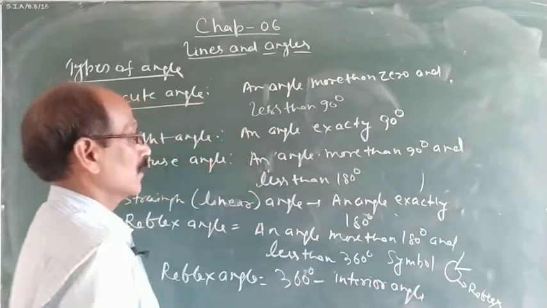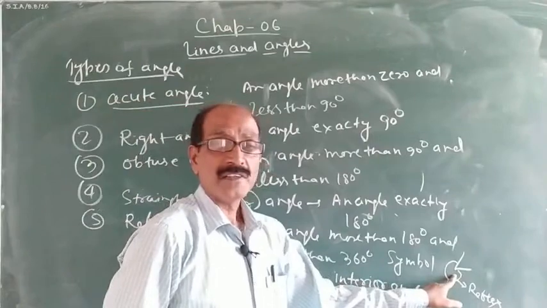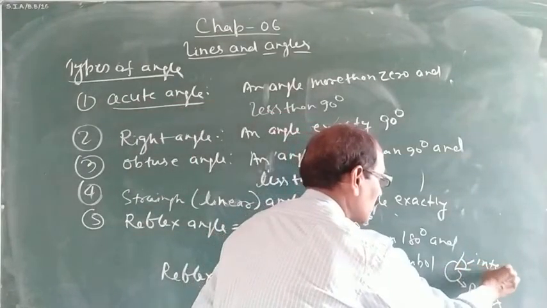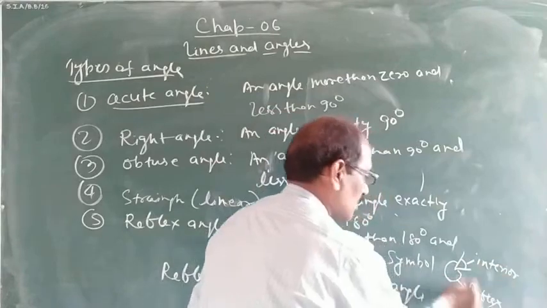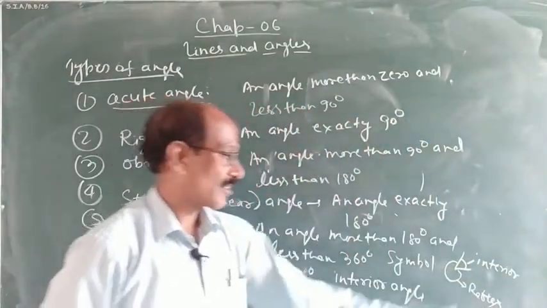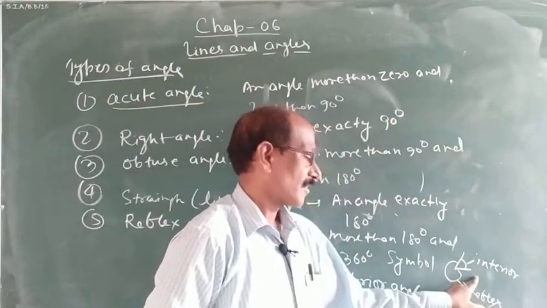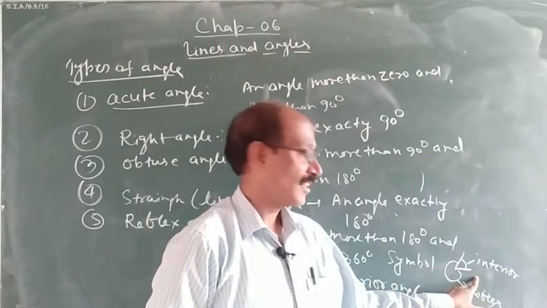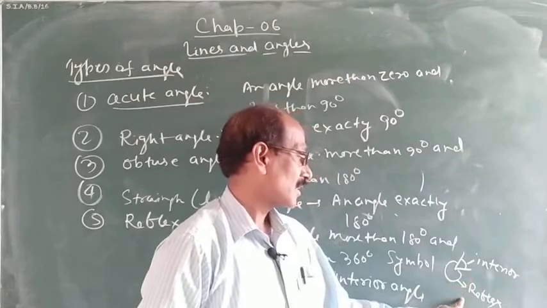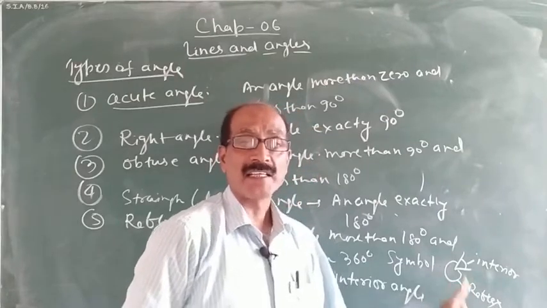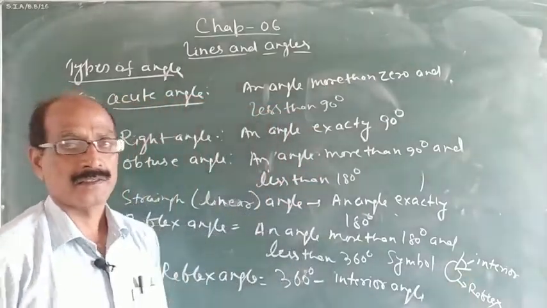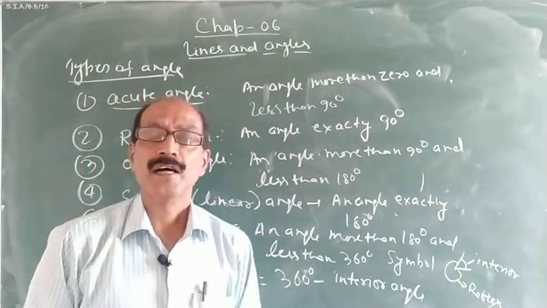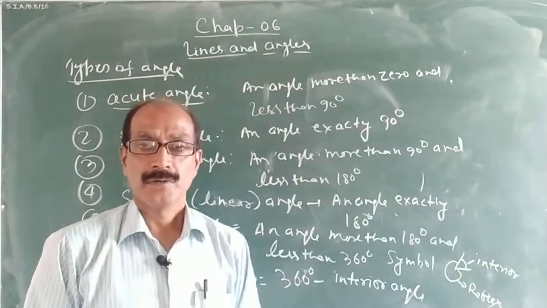Suppose that here is an angle, this is known as the interior, and this is the exterior angle. So the reflex angle is equal to 360 degrees minus the interior angle. Now types of angle, everybody has to understand. Okay.